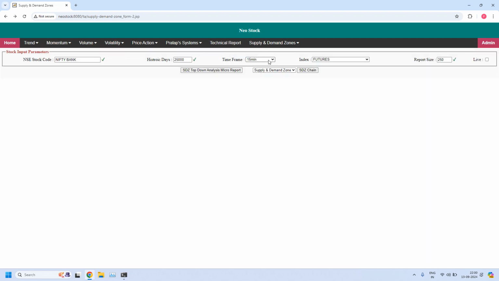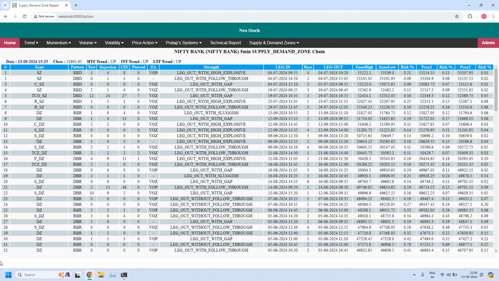Next time frame is 5 minutes. I am generating the 5 minutes supply demand zone chain for Bank Nifty. So this is about the Bank Nifty supply demand zone chain.